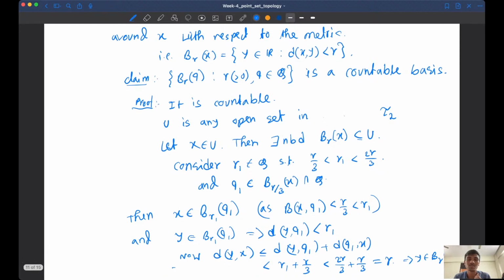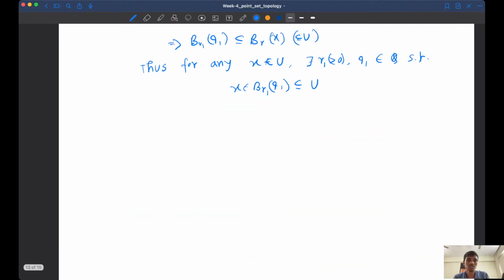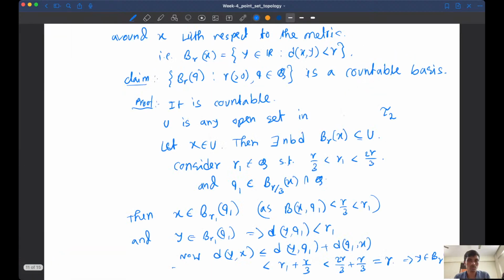That is the equivalent condition for being a basis. So that completes the claim. Is this clear now?